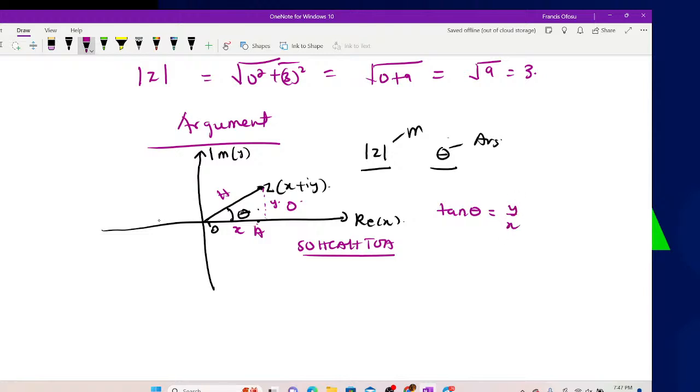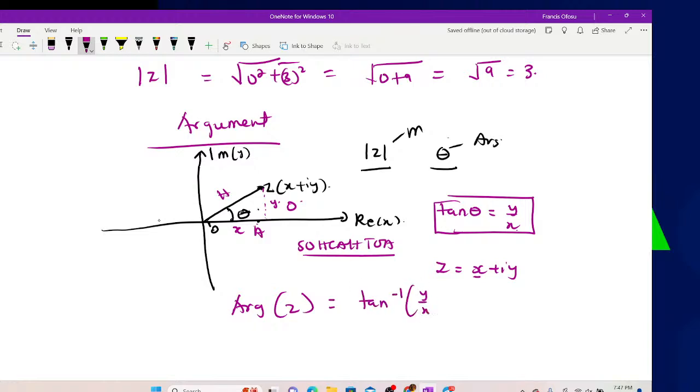And generally, y is the coefficient of the imaginary part of a complex number z equal to x plus iy, and x is the real part. Meaning that the argument, represented as arg of a complex number z, is simply equal to tan inverse of y on x. That is tan inverse of its imaginary coefficient over the real part.